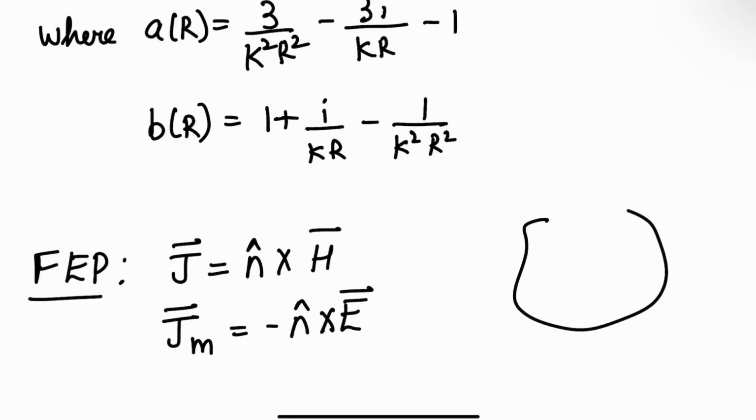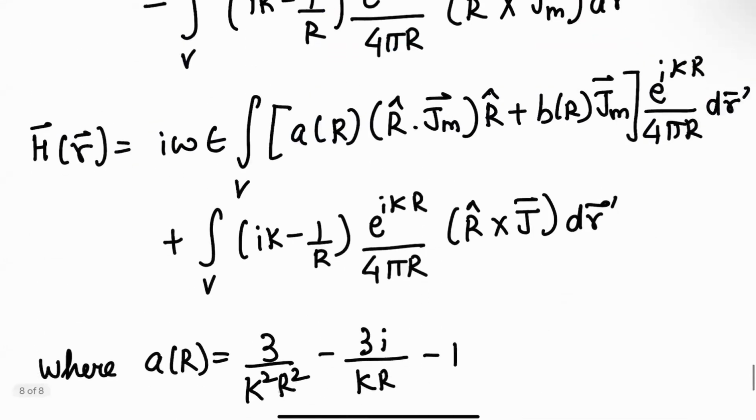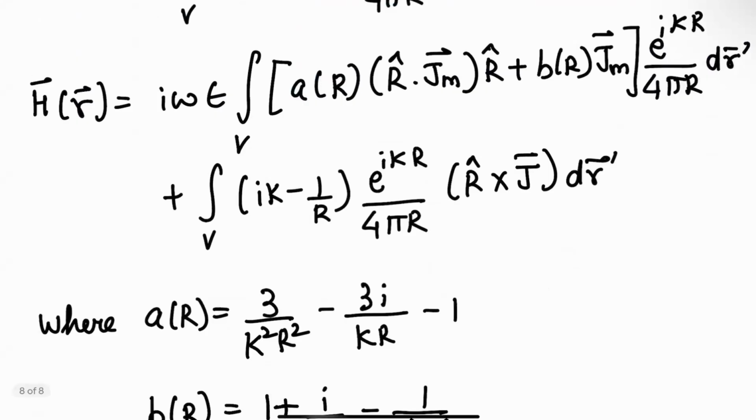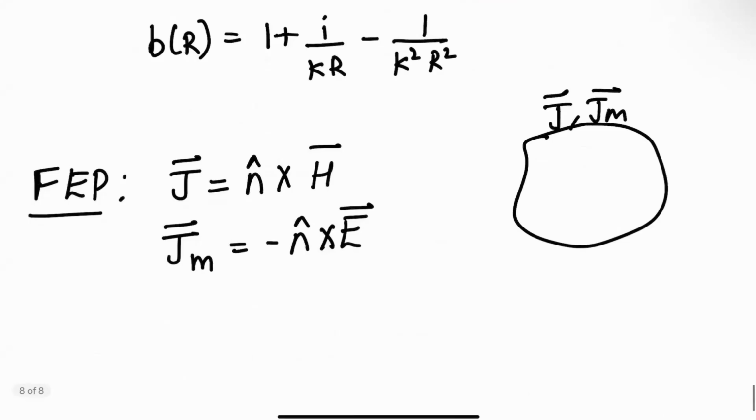So if I have some bounding surface, then I find J and Jm using the field equivalence principle from the surface electric and magnetic fields. Once I know J and Jm, I put them into these integrals. These integrals are reduced to surface integrals then. And from that, you can calculate the fields everywhere outside.